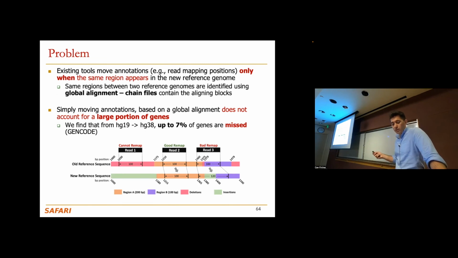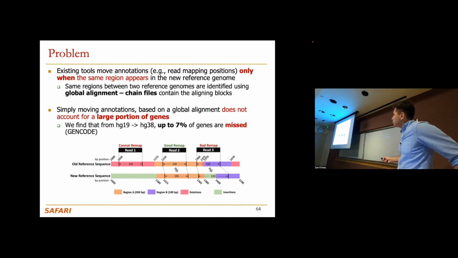But simply moving annotations between the exact matching blocks is not enough for the sake of accuracy, because what we observe is that, for example, going from HG19 to HG38, there are 77% novel genes that are missed in HG19.